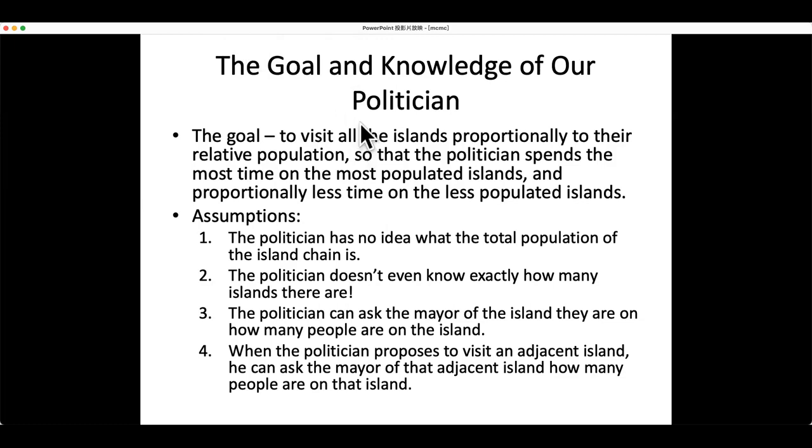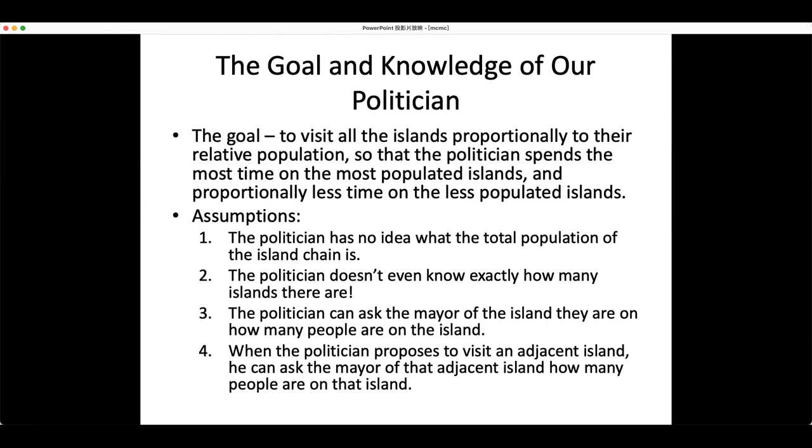Okay, let's get started. So we just talked about this fake example, right? It has a chain of islands, and we don't know the total population.